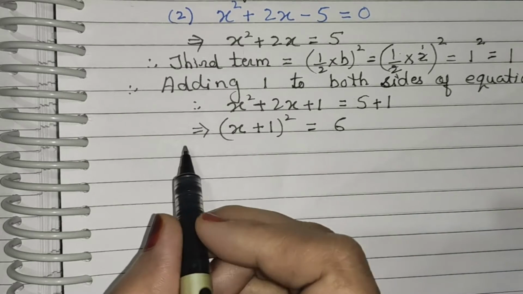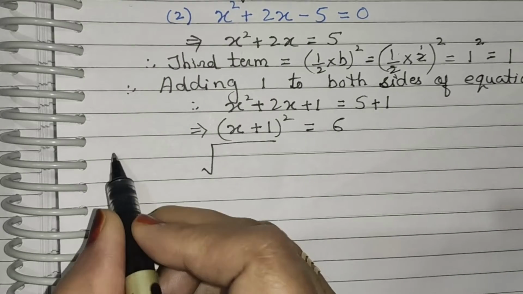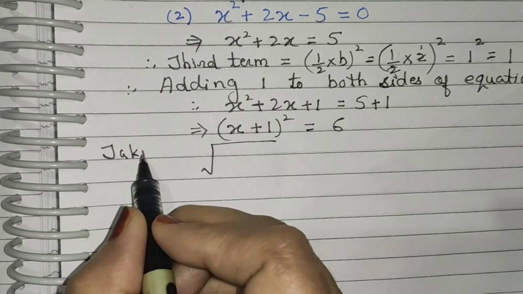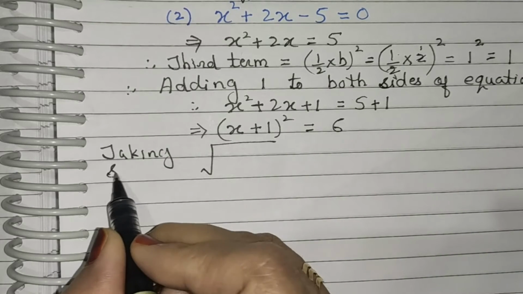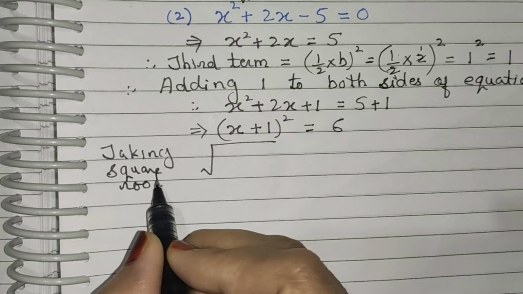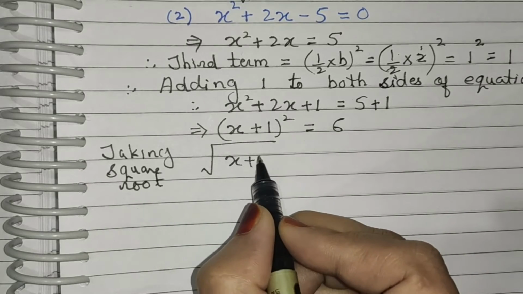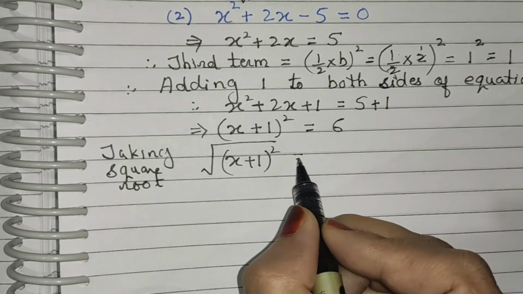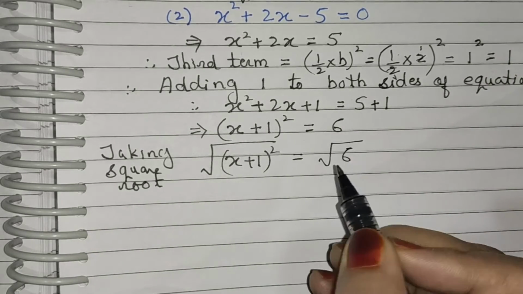Now taking square root on both sides, we get x plus 1 whole square is equal to square root of 6.